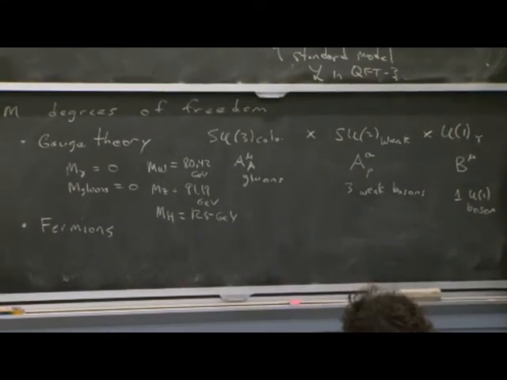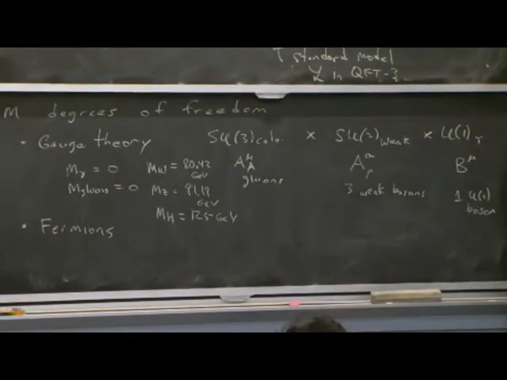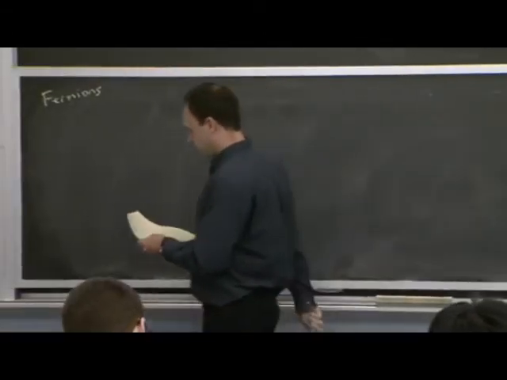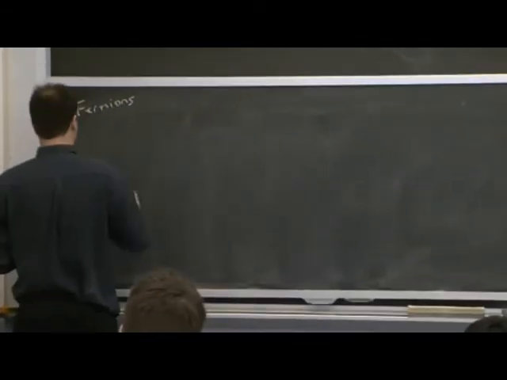So fermions. So you can see that these scales here are kind of similar. For the fermions, there's a broad spectrum of scales, and that's why I wanted to put them all on one board.